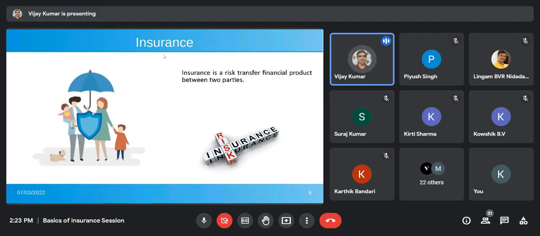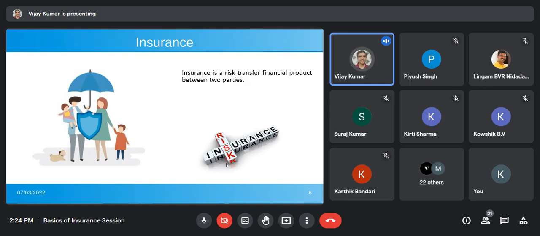LIC is the Life Insurance Corporation of India, where they are insuring a person's life, and if something happens to the person, the nominee gets a good amount of money, right? So basically, they are only insuring the financial part of it for the risk, and there is no other liability they have. The only liability they are going to cover is the financial liability.